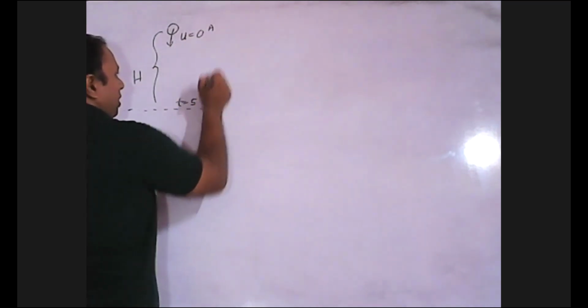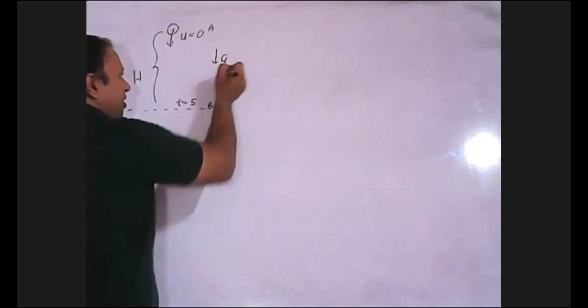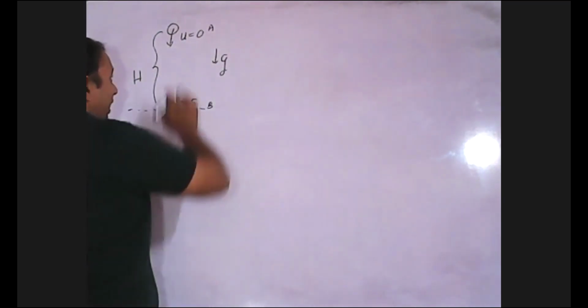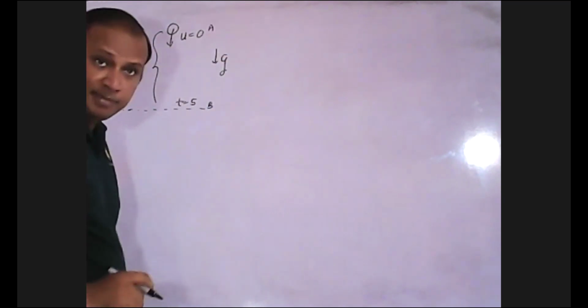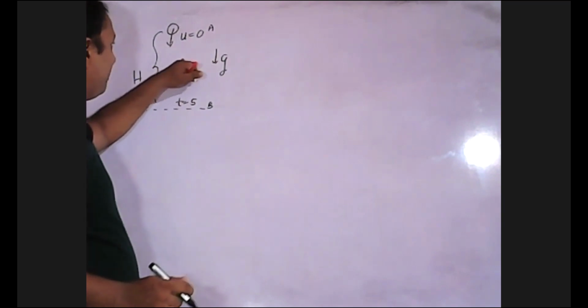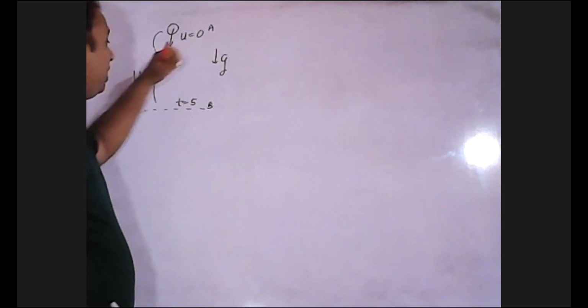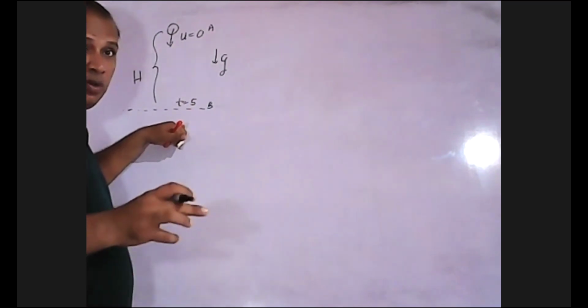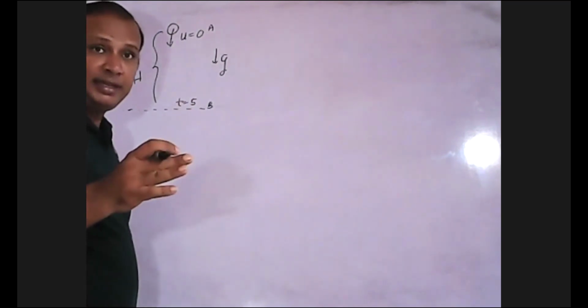A, B, here gravitational acceleration g. So from A to B you have to find the distance or displacement. You know the values of initial velocity, the gravitational acceleration and time: u, a and t.